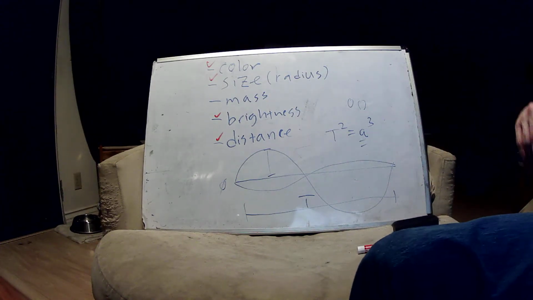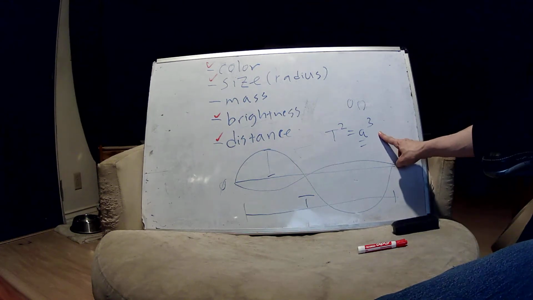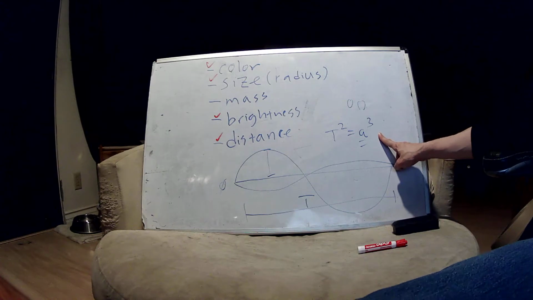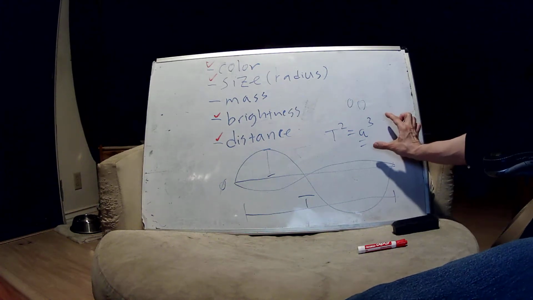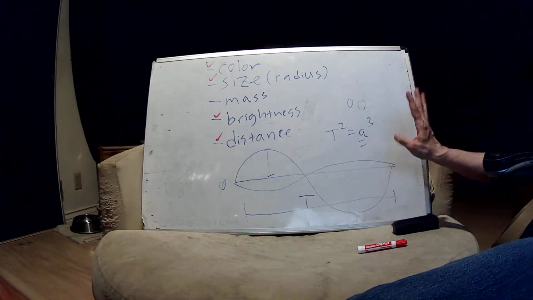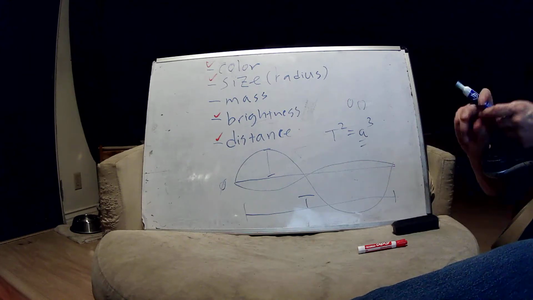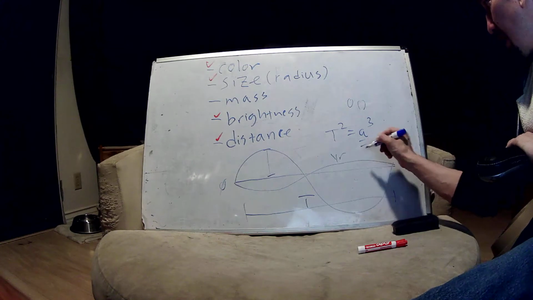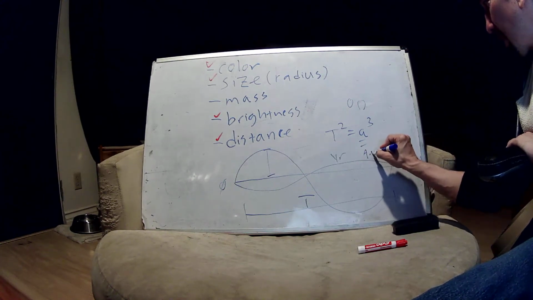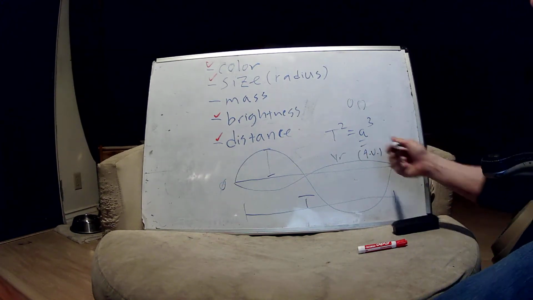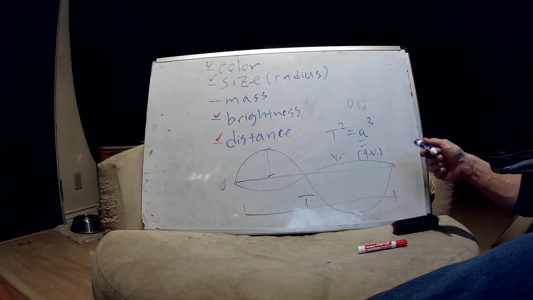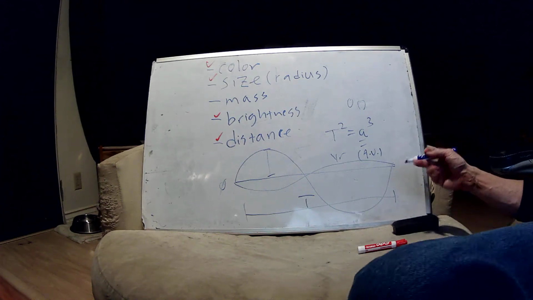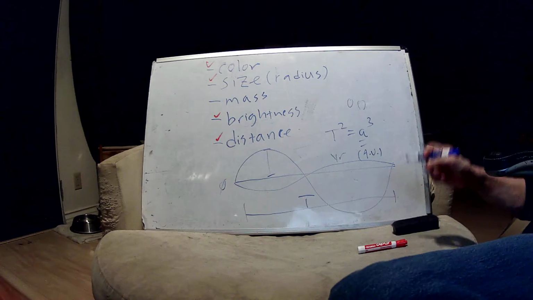However, what I didn't tell you about Kepler's third law, when we went over this before, is that this equation is simplified. Now, I already talked about how it only works if you use the right units, right? You also have to say period in Earth years and semi-major axis in astronomical units. Average distance has to be in average distances from the Earth to the Sun in order for this relationship to work.